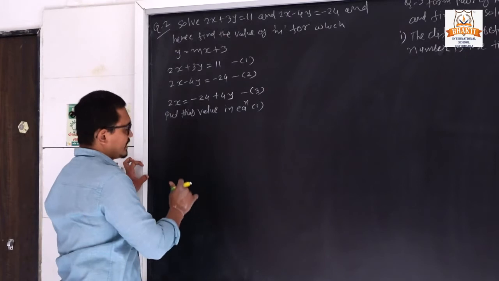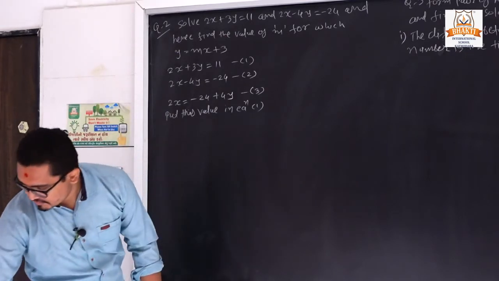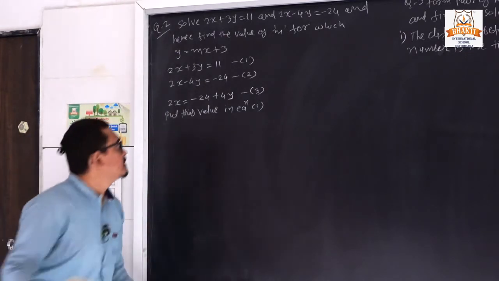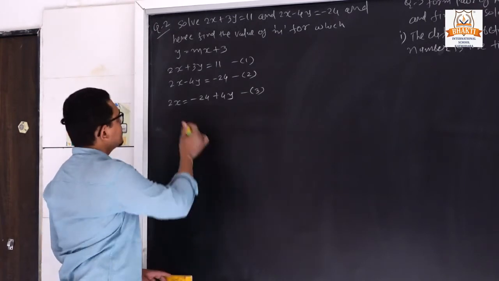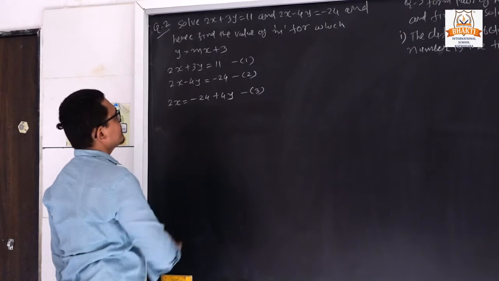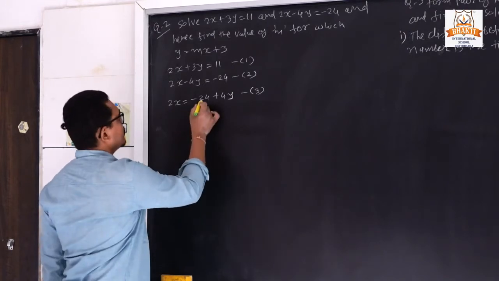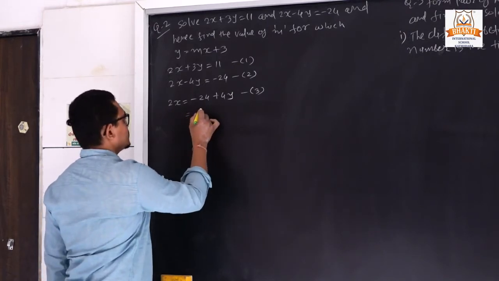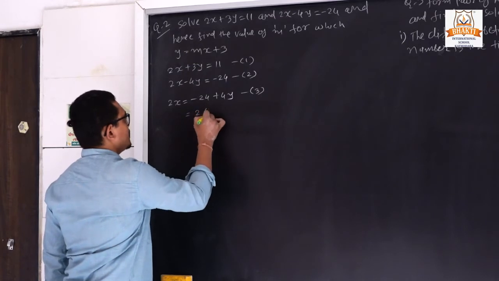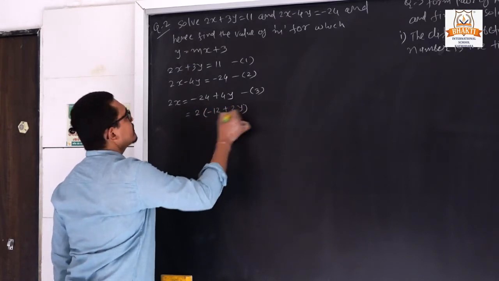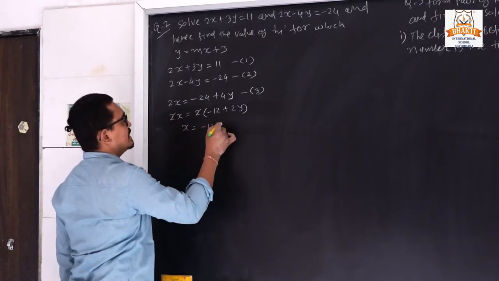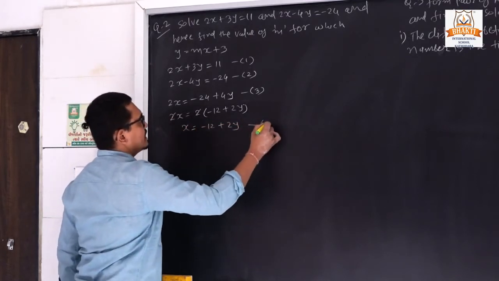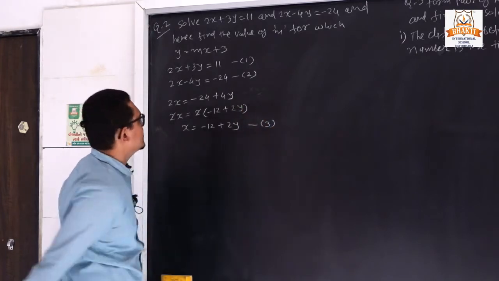And once again we can take the 2 as our common. Clear? Here see this equation, we can take 2 as our common. So minus 2 is common, so minus 12 plus 2y. So 2 is cut, so x is equal to minus 12 plus 2y. Now we can declare it is result number 3.